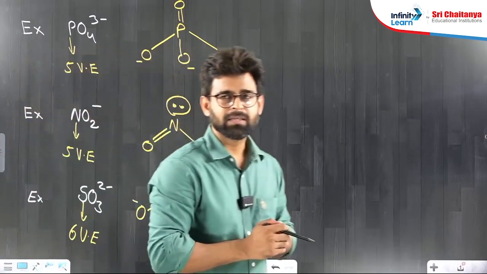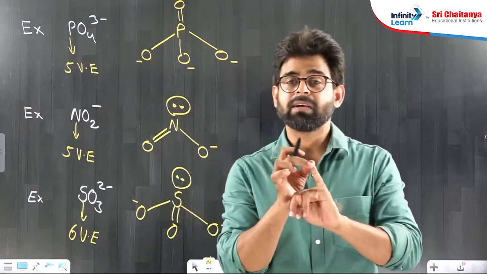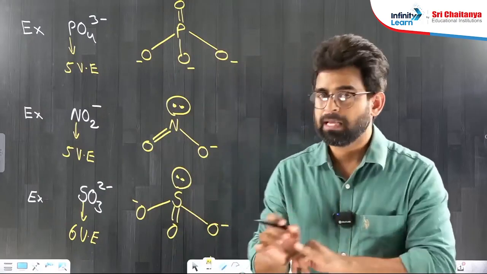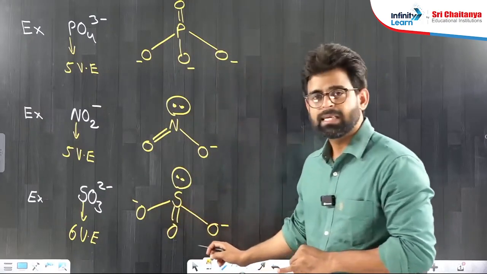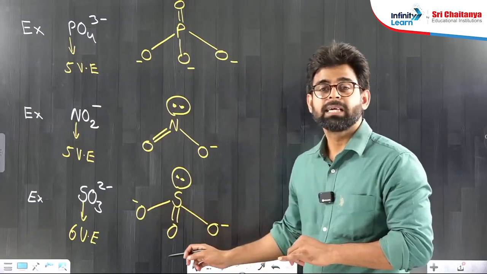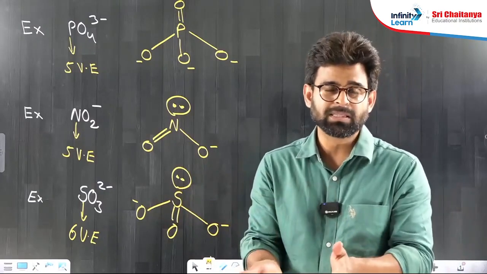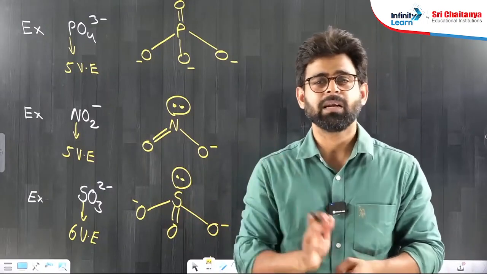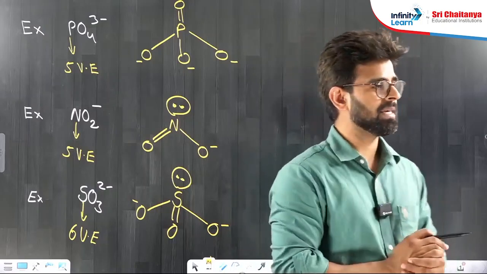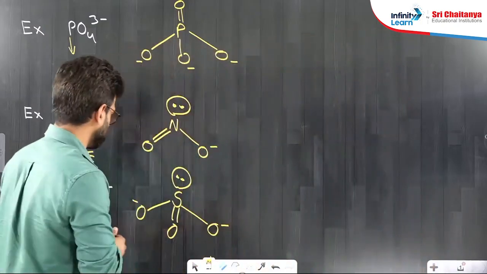Getting my point? Count the valence electron on center atom. Write the surrounding atoms. Make bonds accordingly. Central atom used how many valence electrons in making those bonds? Remaining electron will become lone pair. Getting my point? One lone pair. Very good.